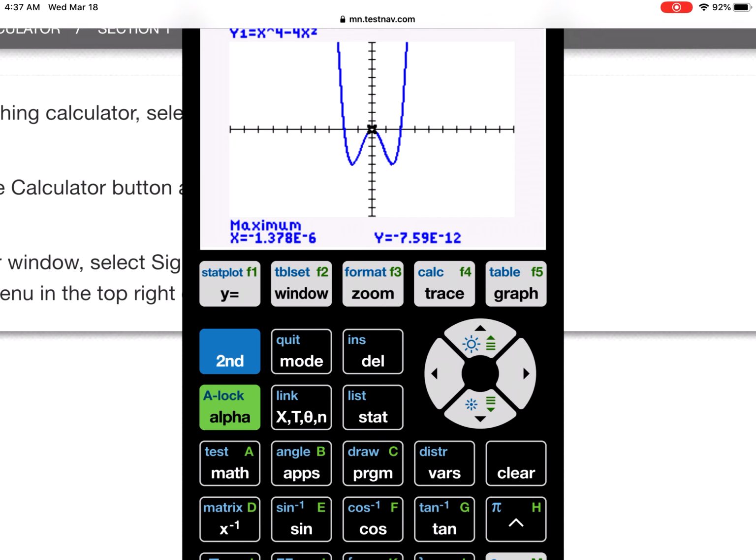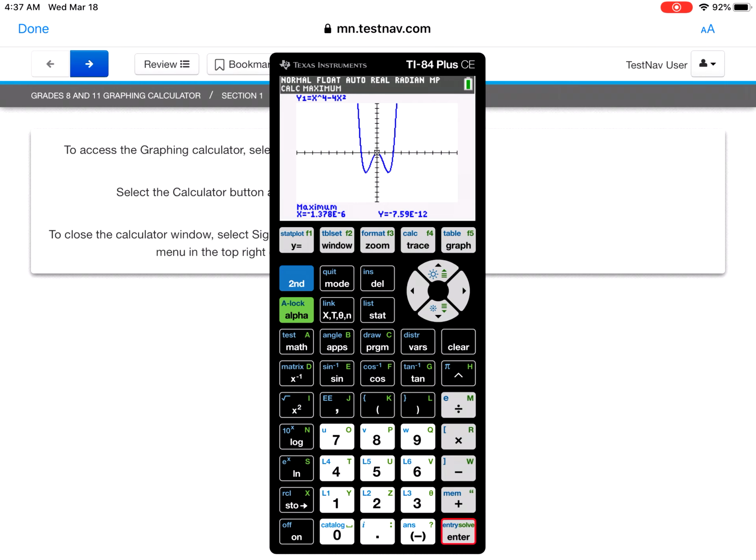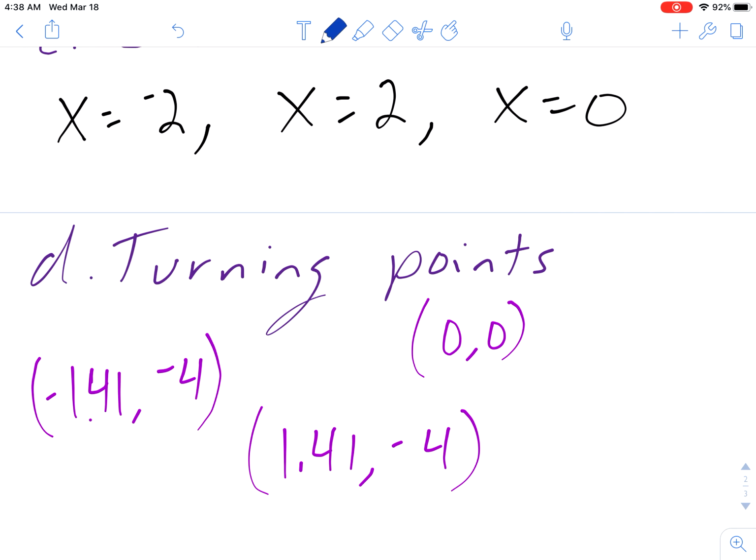Y is -1.59 e to the -12. Well, that's the calculator doing the best it can. It's just estimating. So you have to remember that you're going to round those off to zeros. That's scientific notation. So again, the calculator is just estimating the best it can, but this is the answer you want to write. So when you get a weird expression like that on your calculator, just round it off to 0.